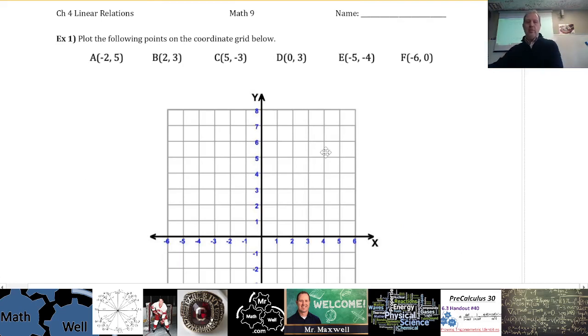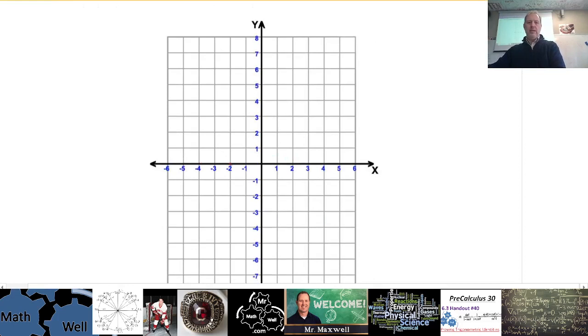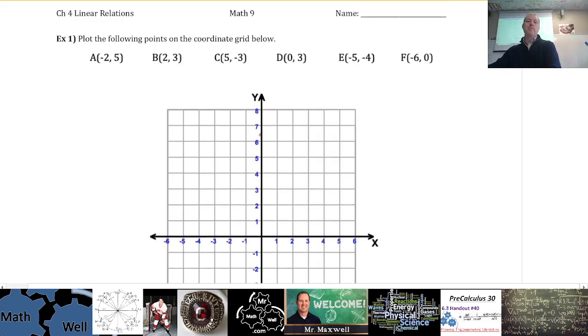All right. So correct me if I'm wrong here. Negative 2, 5. What I do is I put a point at negative 2, and then I put a point at 5, right? Yeah. Oh, I kind of fooled some of you there. No, it's the directions. Okay, so I start where? I start at the origin.